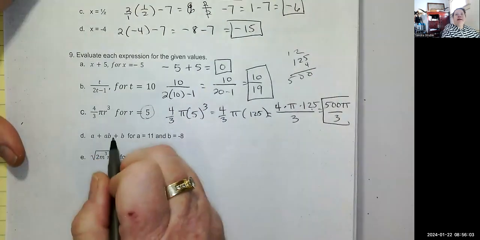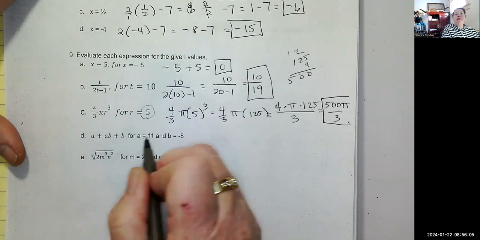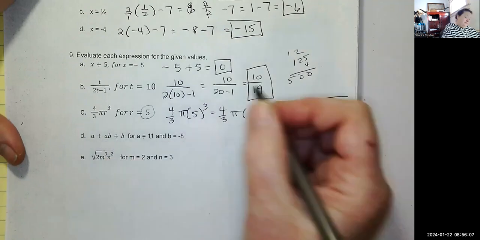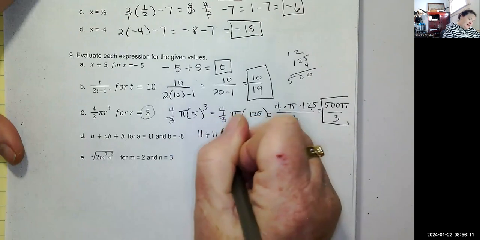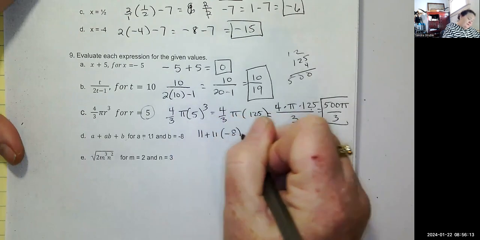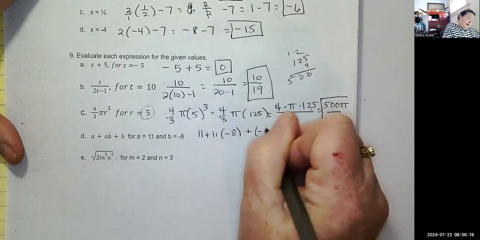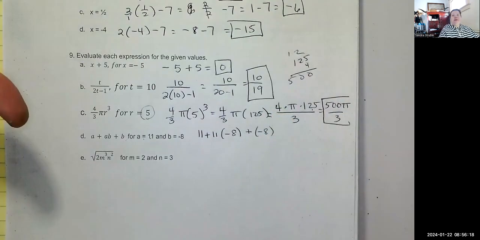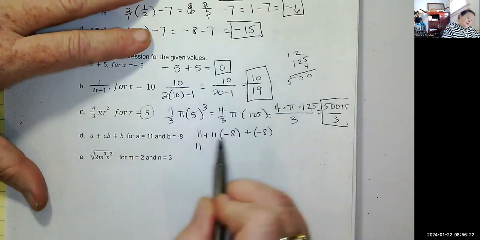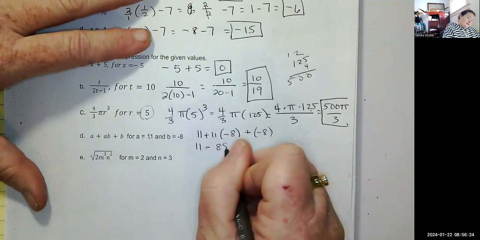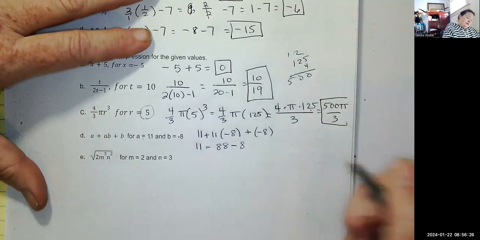All right, so a plus ab plus b. We're going to plug in 11 for a and negative 8 for b. A is 11 plus 11 times -8 plus -8. I'm just plugging in for now. All right, so this gives me 11, just going left to right. This is the -88, and this is -8.